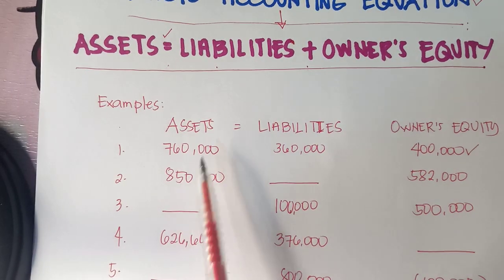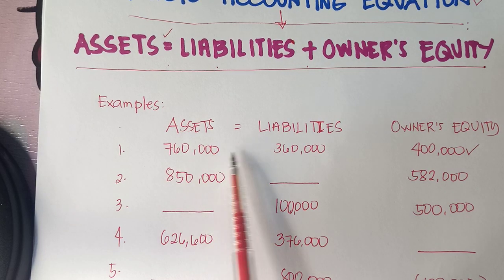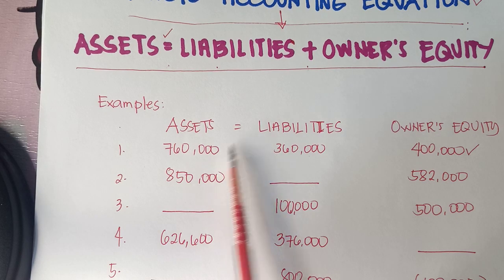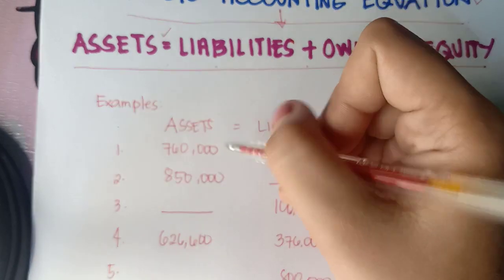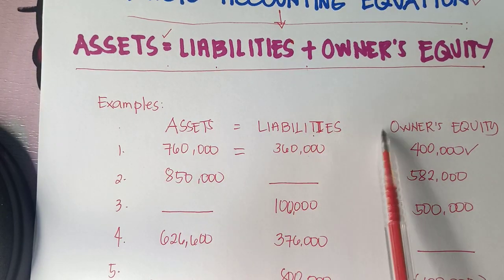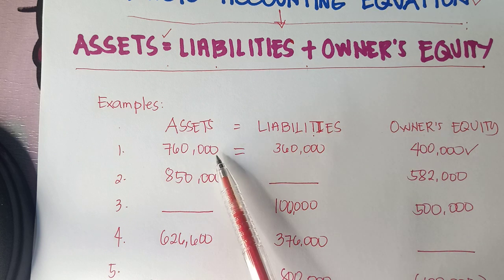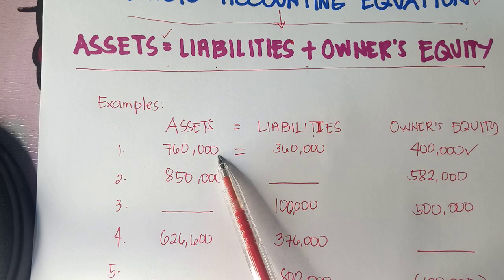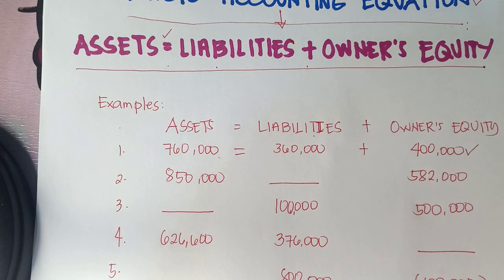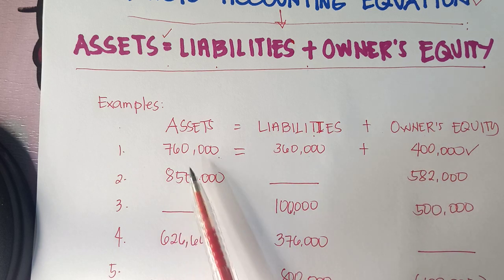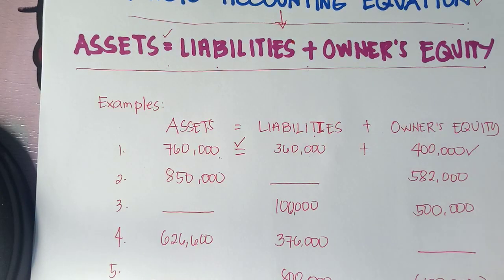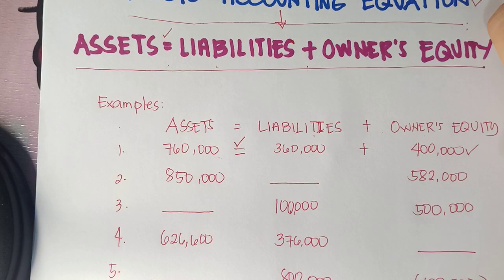So let's now check if these numbers are balanced. We should expect that liabilities and owner's equity is the same as the total assets. So 360,000 plus 400,000 is equal to 760,000. That is why example number 1 is balanced.